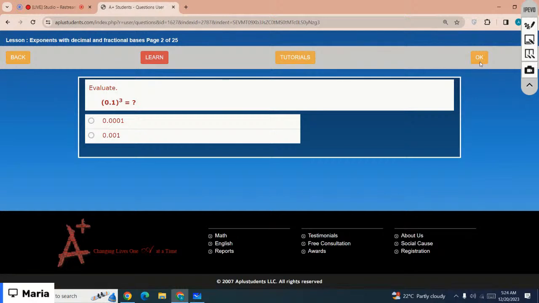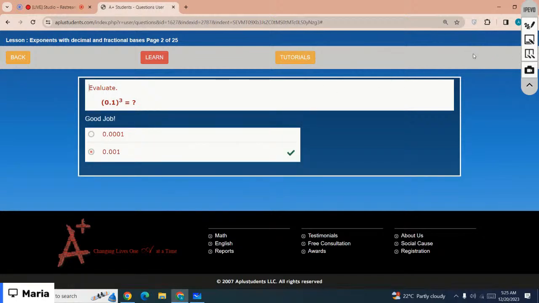Okay, the next one is evaluate 0.1 exponent 3, which is the correct option, option 1 or option 2? Very good. The answer must have 3 decimal places, so the correct option is option number 2. That would be 0.001 is the correct option, right?